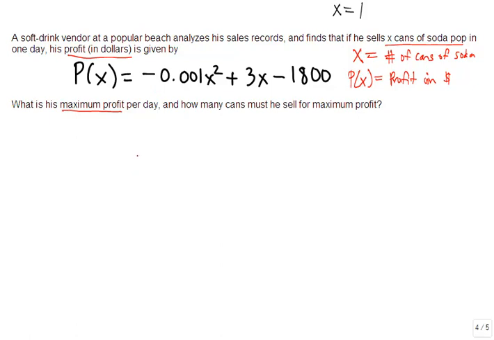So first thing I want to ask you is this a parabola that points down? Yes, because your a value right here is negative. So this is a parabola that has to point down, and its maximum is going to occur at the vertex.